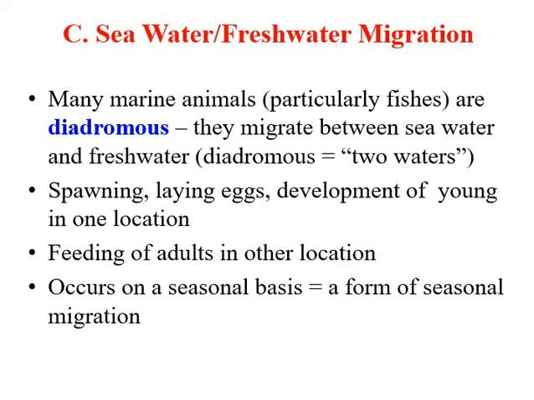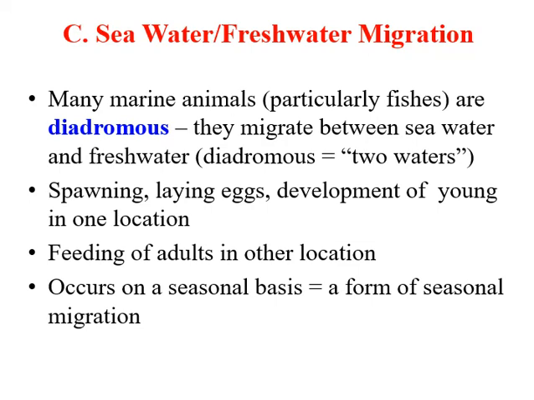So these marine organisms could be characterized as diadromous, which means they occupy two bodies of water, freshwater and seawater. Now, some of these diadromous, it's really, really freshwater, and it's really, really seawater, full-strength seawater.